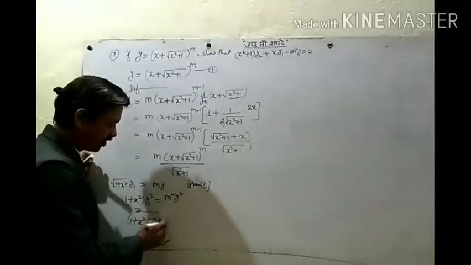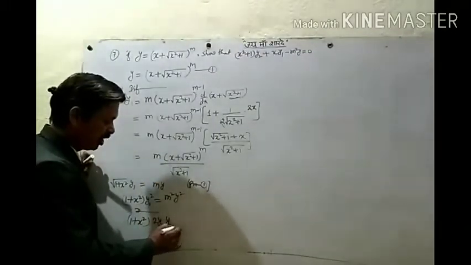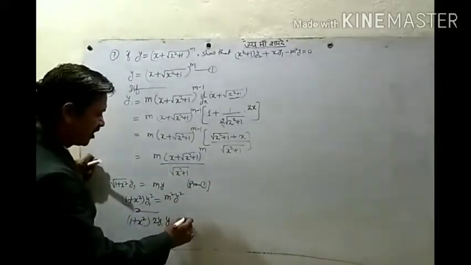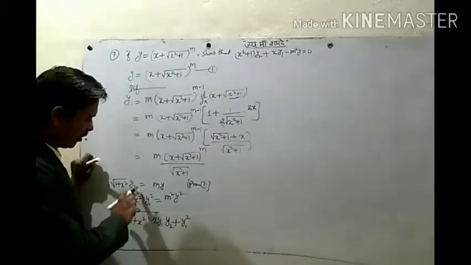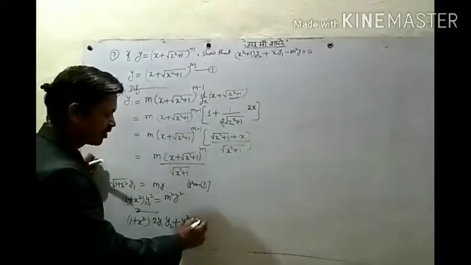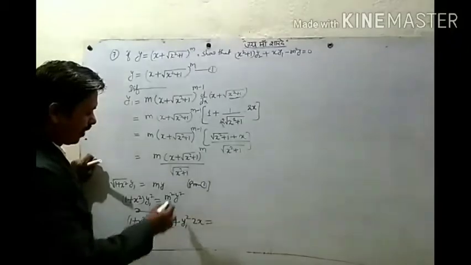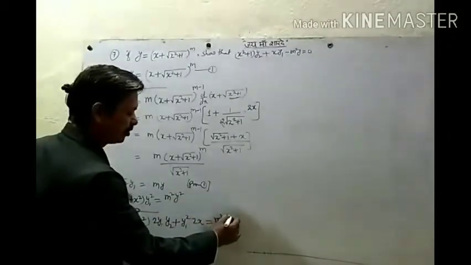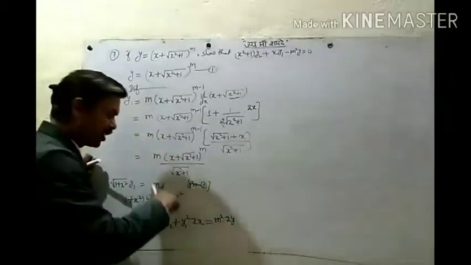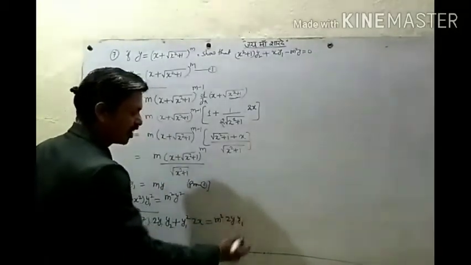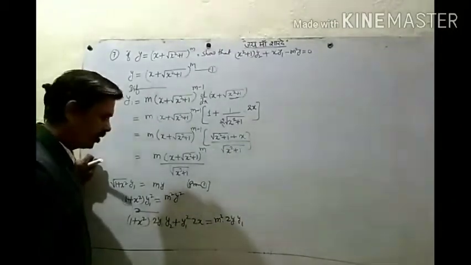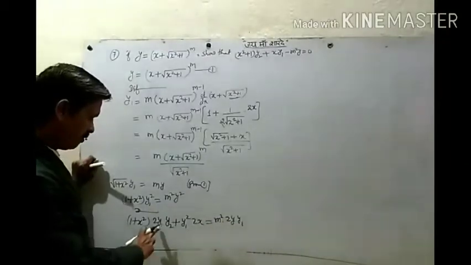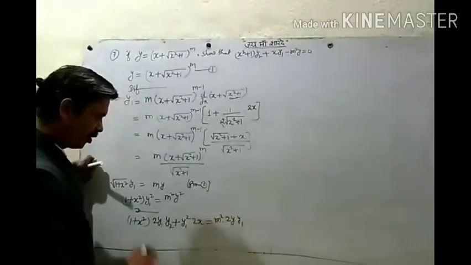So again differentiating y1, the derivative of y1 will be y2, plus y1 square as it is, times the derivative of 1 plus x square, that will be 2x, is equal to m square constant as it is, and the derivative of y square will be 2y, and again differentiating y, you get y1. Okay? Now all terms contain 2y1.